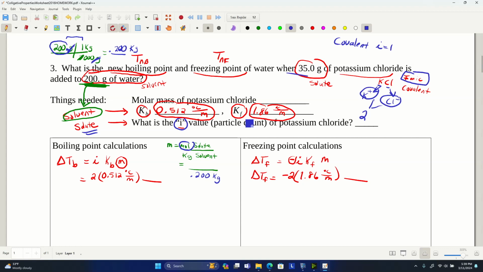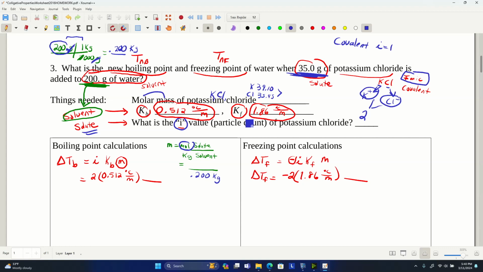I have grams of solute. So I'm going to have to turn the grams to moles. So that means I'm going to need the molar mass of potassium chloride. So that's why I gave you that right here. All right, so potassium, there's only one atom of each. So that's 39.10 for the potassium, and chlorine is 35.45.